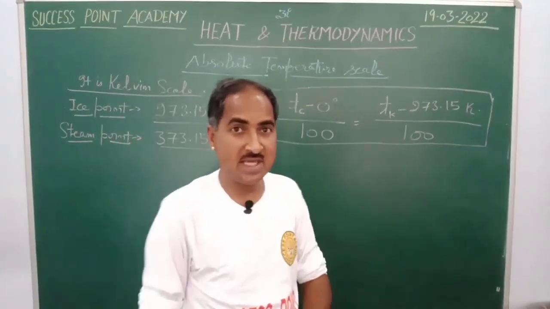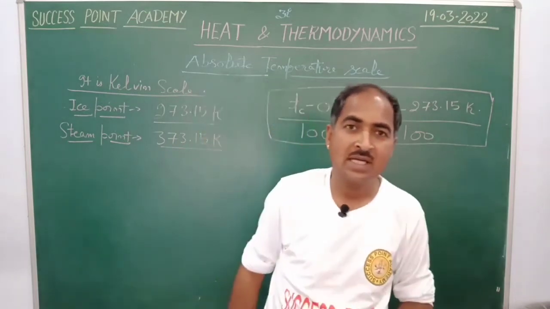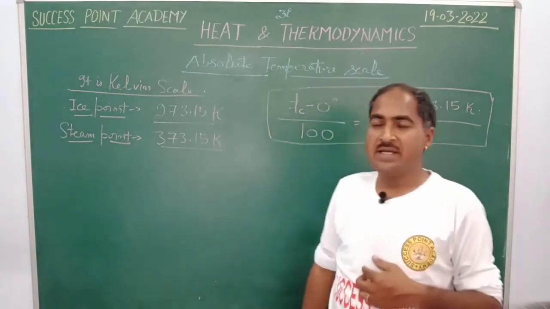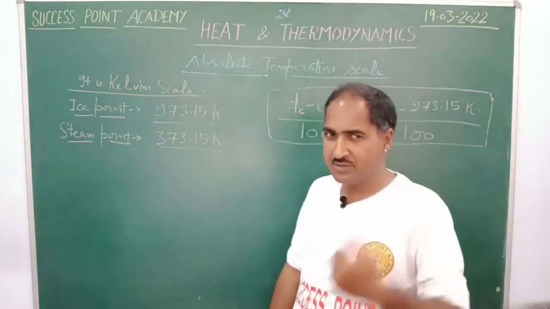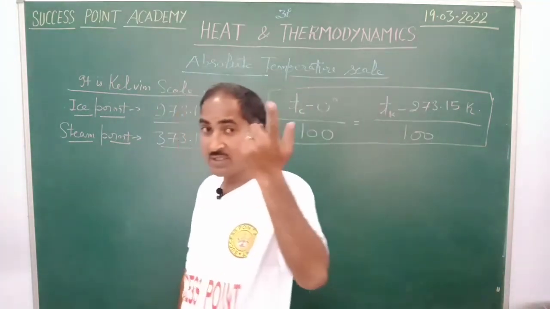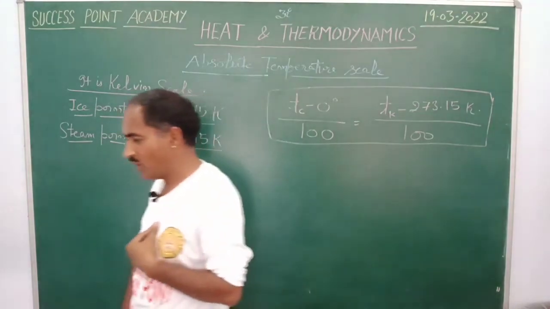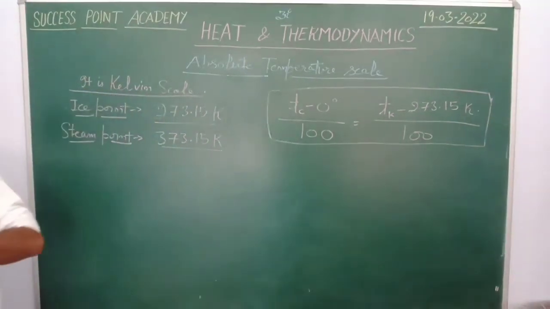The Kelvin scale is called the absolute scale. There might be some concept behind it. Why is it called the absolute scale? Try to understand, think upon it. I'll tell you this also.